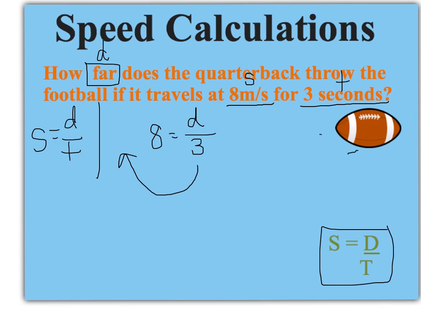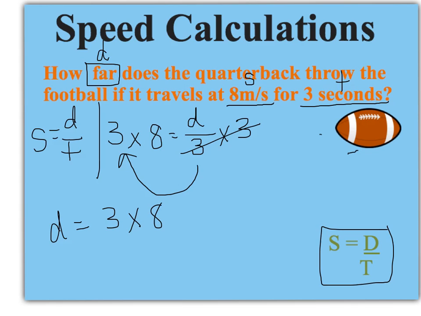Right now I'm dividing by 3. So if I multiply by 3, that would allow me to cancel those 3s out, and I'm left with D all by itself. But I have to be fair. What I do to one side of the equal sign, I also have to do to the other side of the equal sign. So now I'm left with D equals 3 times 8.